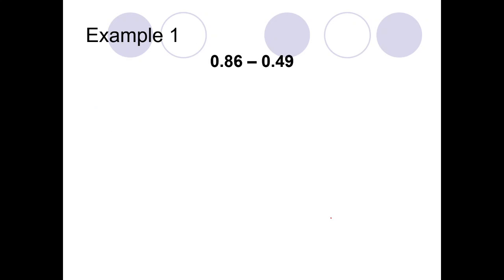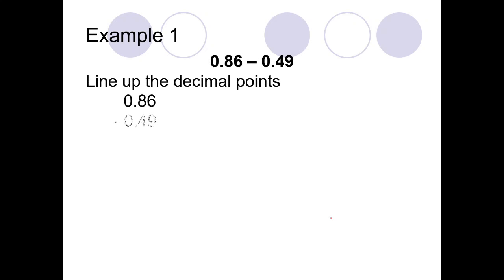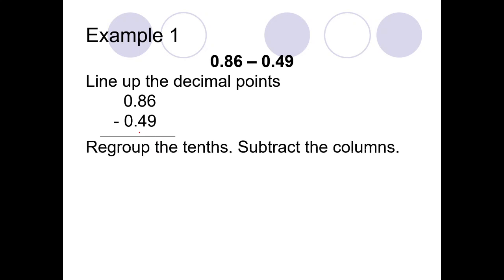So for subtraction, it's just the same, but we need to remember, so we're putting our decimal points in line, and then it's a normal subtraction sum. All right? So we do hundredths first, then tenths, and then ones if we have any.